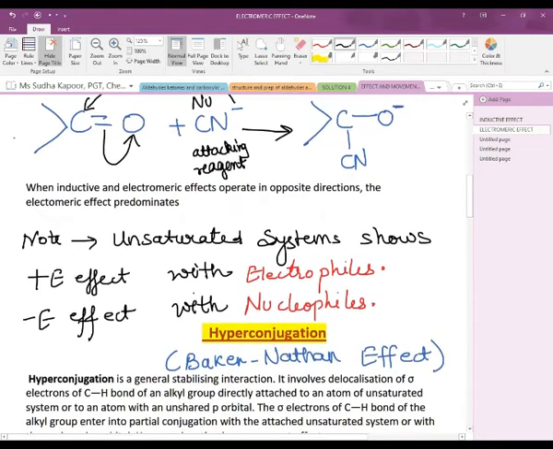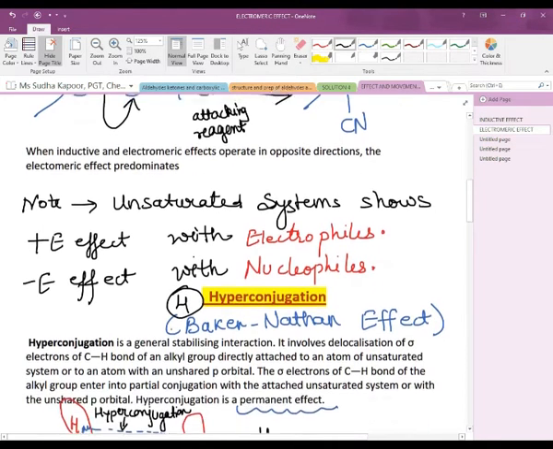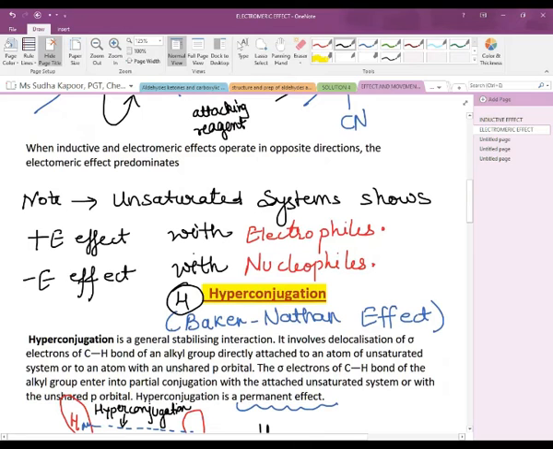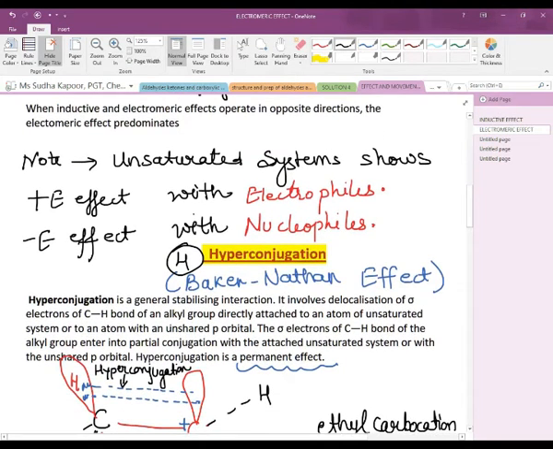Now comes the fourth, the hyperconjugation. Hyperconjugation is the fourth effect, a very important one, also known as Baker-Nathan effect, also known as no bond resonance. It is also considered a general stabilizing interaction and is seen in case of the carbocations and the alkenes. So in this case, there is a shifting of the bond.